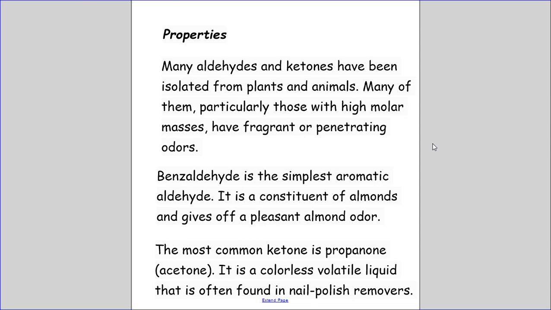Benzaldehyde is one of the simpler aromatic aldehydes, and basically smells like almonds, giving off pleasant almond odors. The most common ketone is propanone, whose common name is acetone, which for those that maybe have used or smelled nail polish remover, has a really strong smell to it, and so acetone is in that ketone functional group.